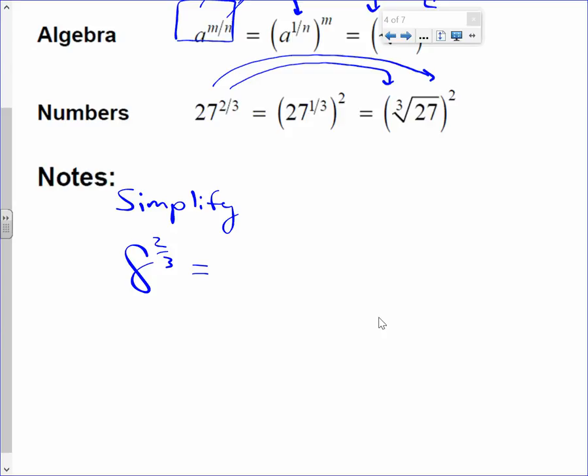Let's follow the pattern. What does a 3 become? It becomes the index. So I'm going to put 3 here, and let me put 8 inside the radical symbol. Let me put parentheses, and then the 2 becomes the second power of everything.